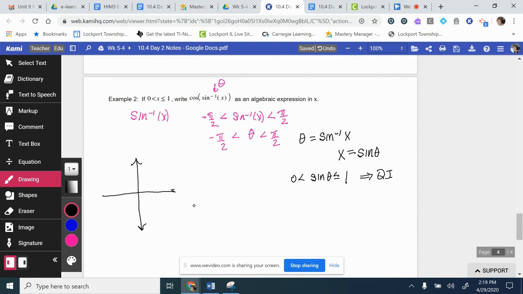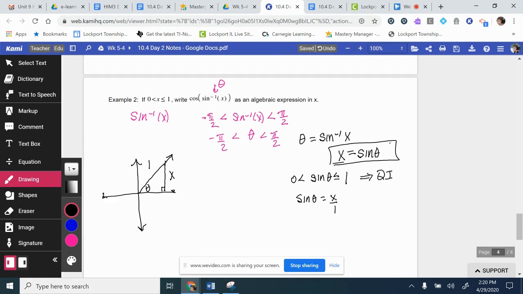I'm going to put my theta into quadrant 1 and drop my perpendicular. And then I'm going to use this information. It says the sine ratio for theta is x over 1. Well, this is the length of the side opposite over the hypotenuse.